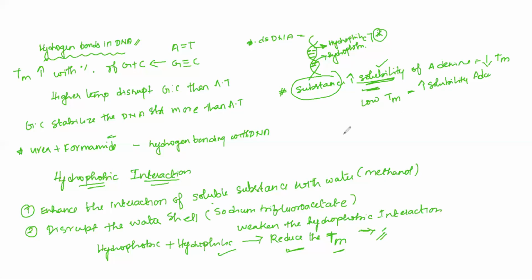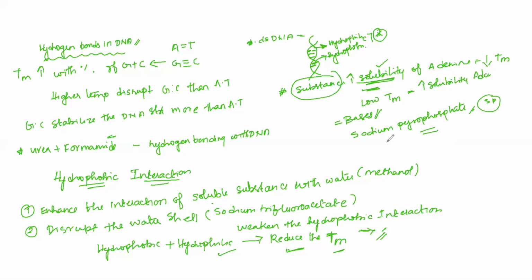In order to confirm that this has an effect only on the bases, not on the sugar phosphate backbone, they used sodium pyrophosphate. Sodium pyrophosphate is a highly charged molecule that has a solubility property similar to the sugar phosphate backbone.